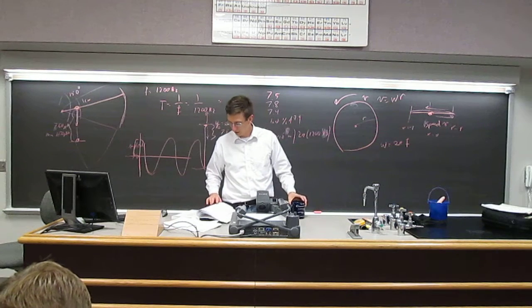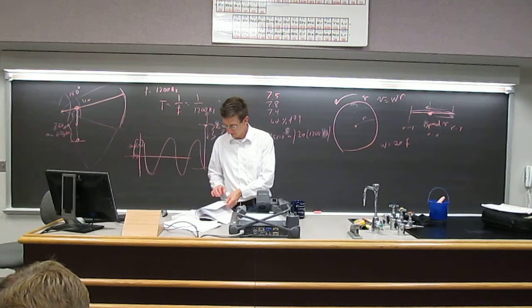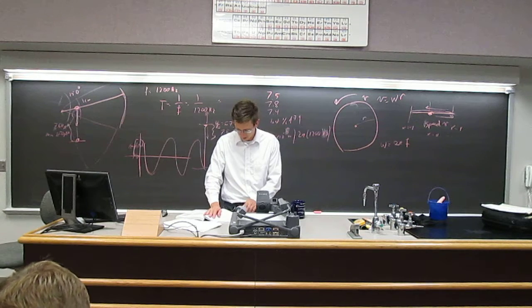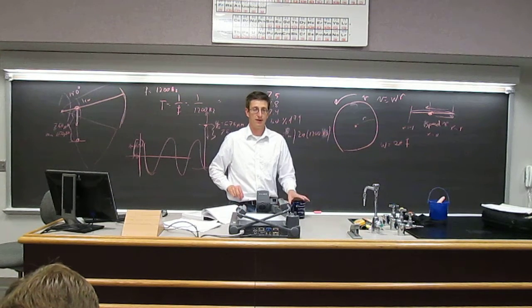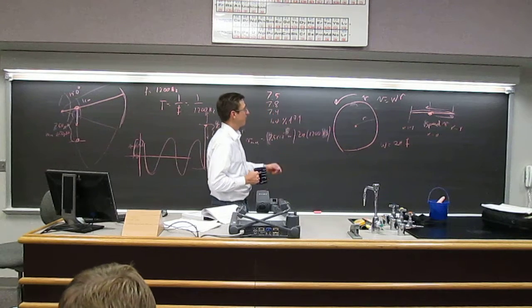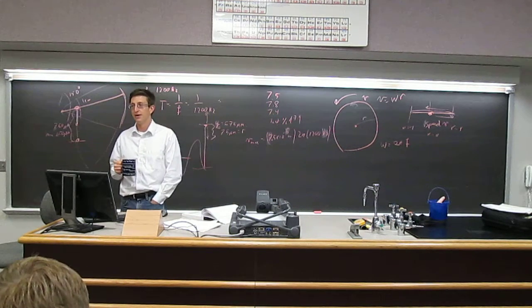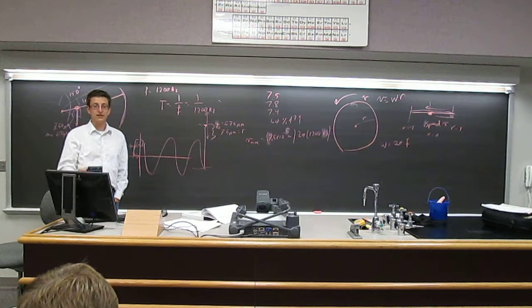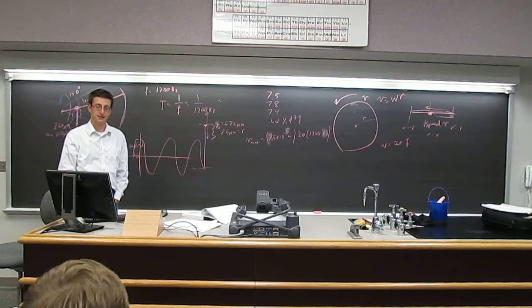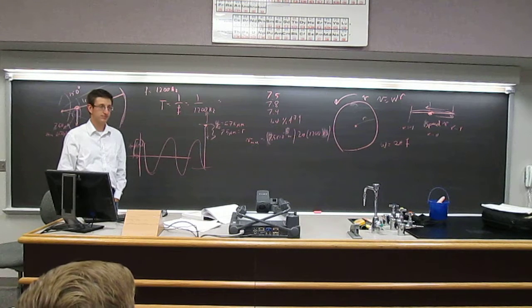Okay, what was the next part? The next part is what is the maximum angular velocity of the wing? Is that what we just found or not? No, you just found the max velocity. I mean the angular velocity of the wing: 2 pi times my frequency. Would that give you the max?